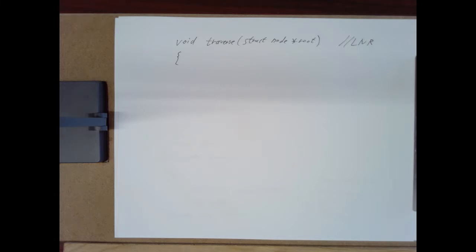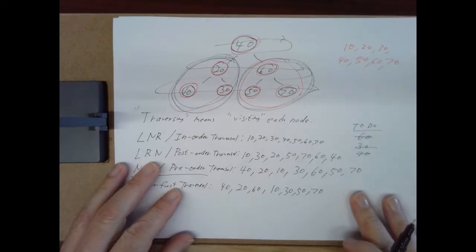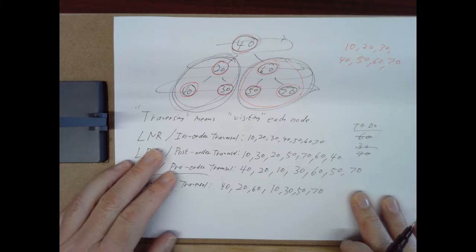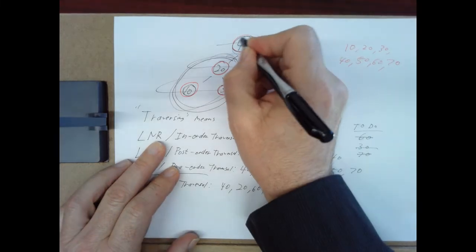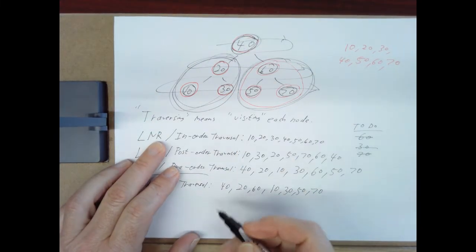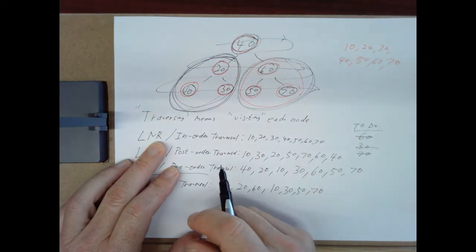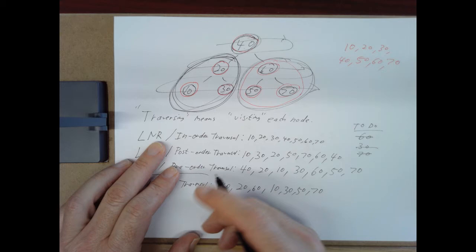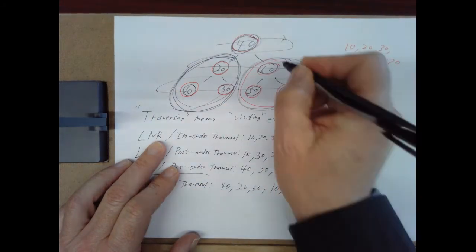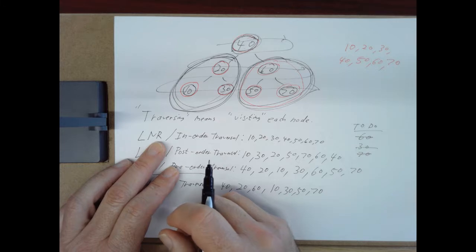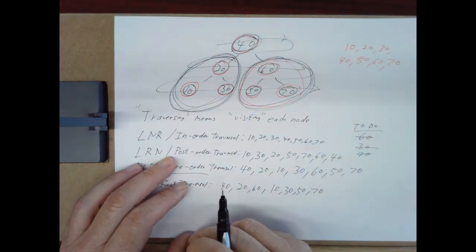Well, the whole way this is set up, if we think about what left node right really means, start at the root of the tree. All we have to do is traverse this subtree in left node right order. And then print out the 40, and then traverse the right subtree in left node right order. And that'll traverse the entire tree left node right.